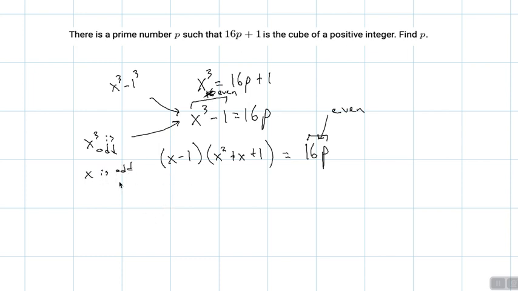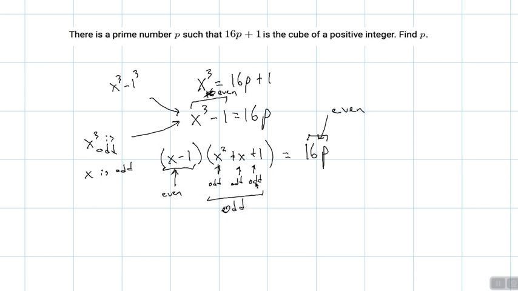So given that, if x is odd, then this x minus 1 must be even. And since we found that x is odd, x squared would be odd, x is odd, and 1 is odd. And an odd number plus an odd number plus an odd number is going to be odd.